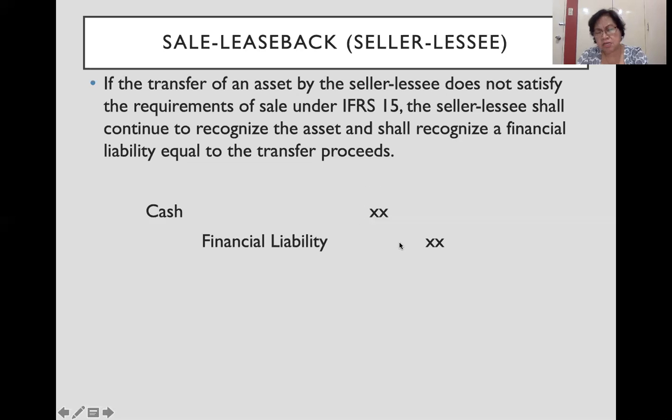If immediate payment is made at the same date of the sale, then we debit financial liability and credit cash. Then for the subsequent payments, because financial liability is carried at amortized cost, the periodic payment is allocated between payment applying to interest and payment applying to reduction in principal.